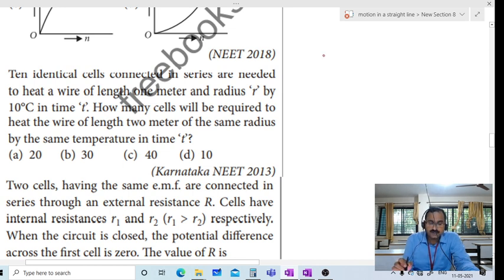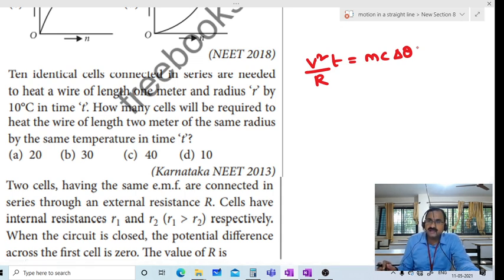H is equal to V square by R into t, that is equal to the heat energy, ms delta theta or mc delta theta. Delta theta means temperature difference, because the symbol T is already used, so to avoid confusion I am taking theta.